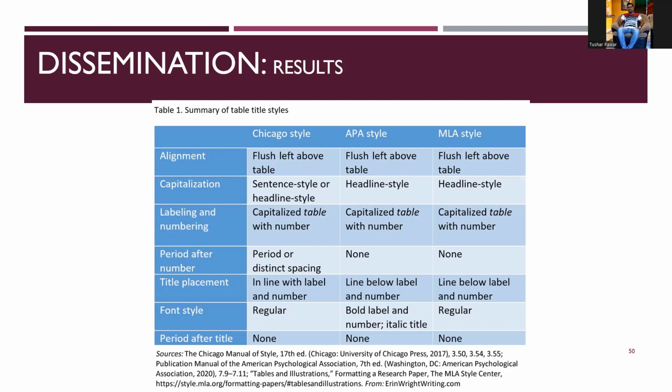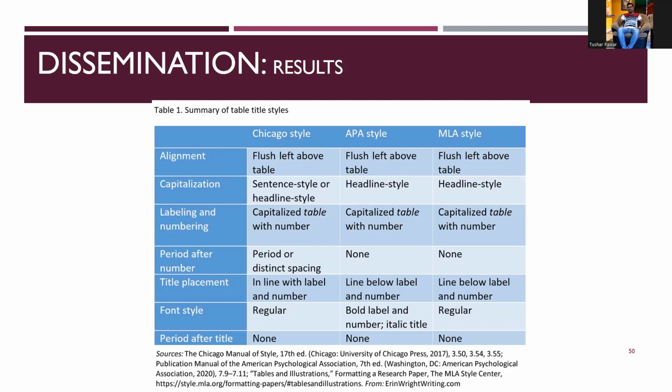Period after: should there be a period after the number? After you write that number 1, should you give a space or not? Check it. Title placement: in line with label and number, or on the line below.